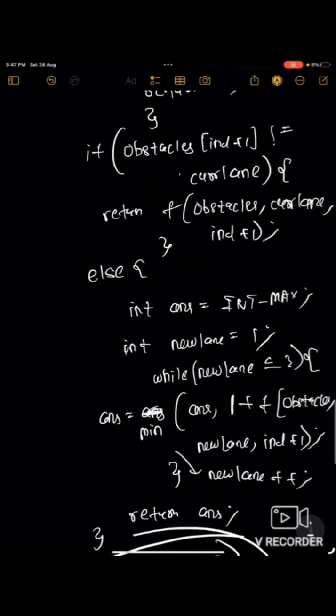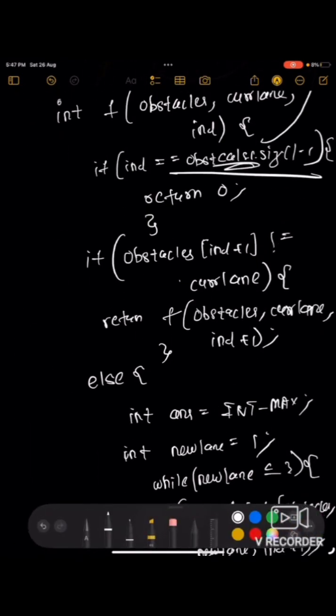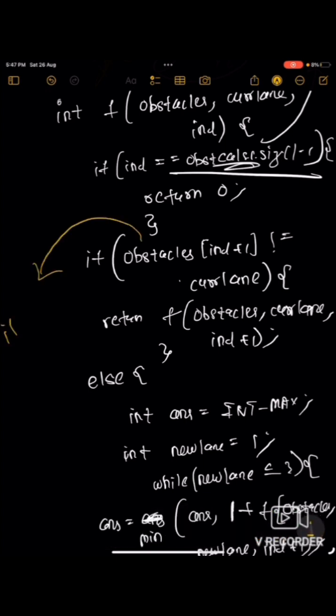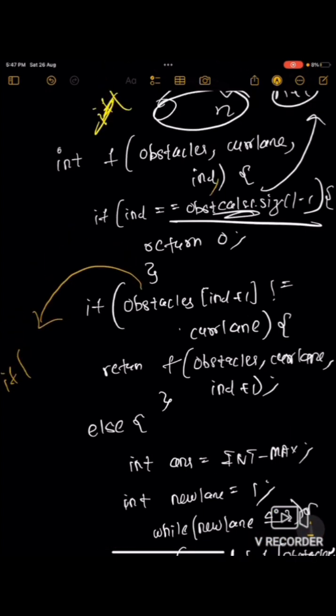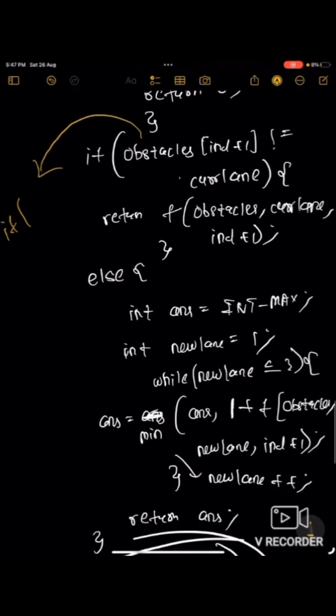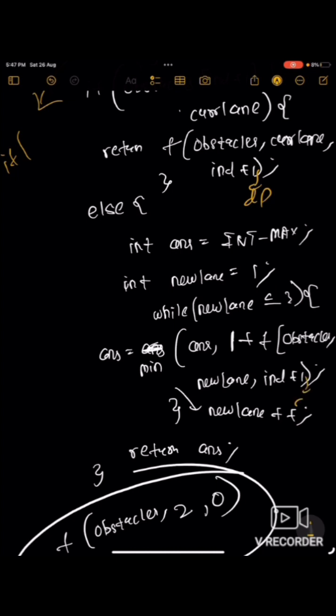And then here, after the base case that you wrote here, and don't forget to include the dp array in the function call every time you're calling it, and then here also just include dp.